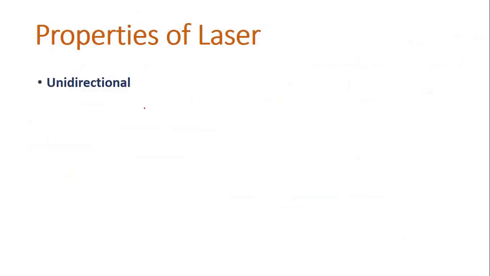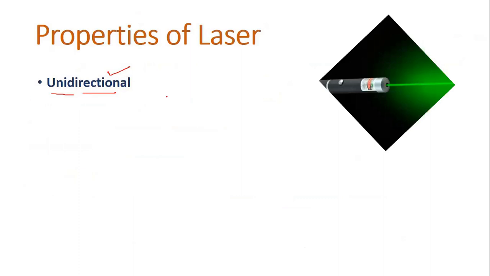Okay. Now, what are the properties of laser? First property of laser is unidirection. Uni means single. Direction means movement of photons in a particular direction. So in case of a laser, photons travel in a single direction. Can you see from here? Okay.